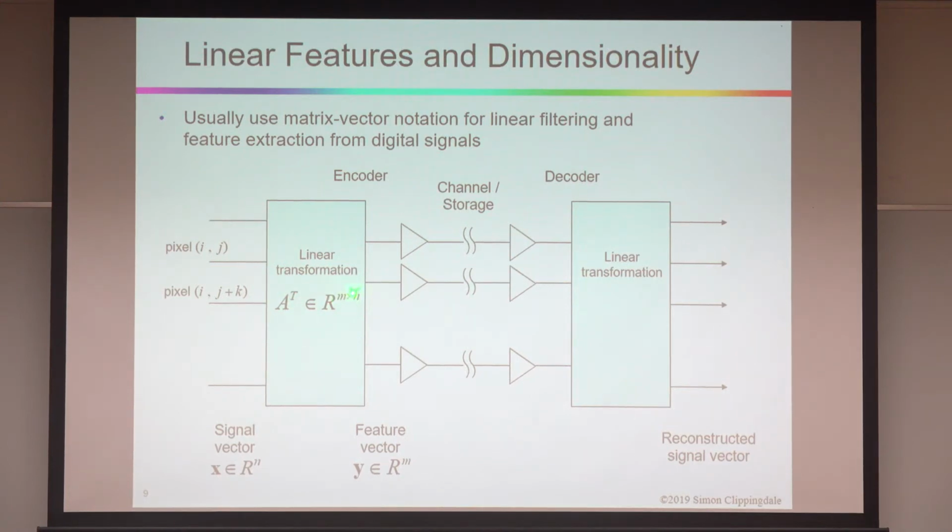So this is an m by n matrix which transforms this n-dimensional signal vector into an m-dimensional feature vector. And usually m is less than or equal to n. Not necessarily, but usually. Then we'll transmit or store or whatever we want to do with our data, and then at the back end we'll do some kind of signal reconstruction to be specified later, probably by something like an inverse transformation of this, depending on what the application is.